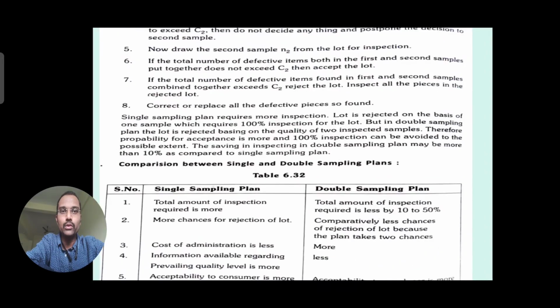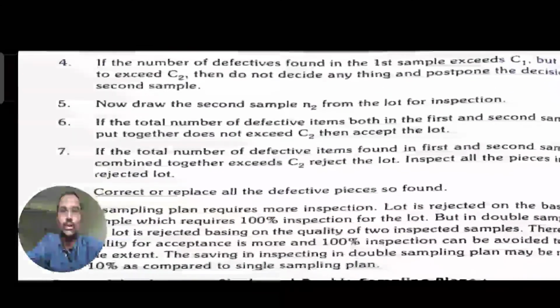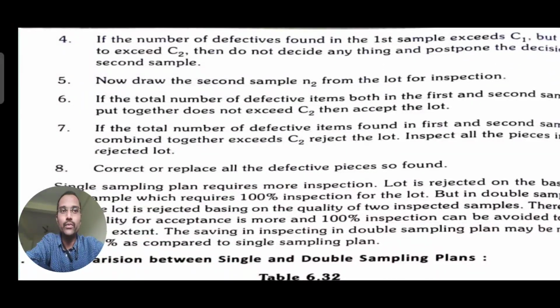Okay, let us move on to this. You see the fourth point: if the number of defectives found in the first sample exceeds C1, what happens in this case? Consider that the acceptance number C1 is 1. It is exceeding 1, but it is not exceeding C2, the acceptance number of 2.